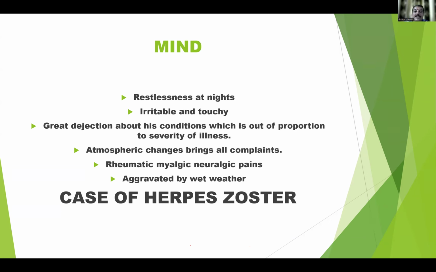So here is a case of herpes zoster of a child aged about 16 to 17 years. There was herpes zoster around the rib cage, intercostal neuralgia. At that point, there were severe burning eruptions, and she kept on weeping, in a tearful mood, and had fear about those eruptions.